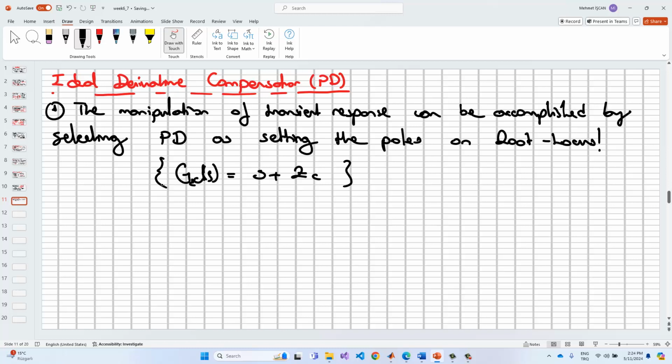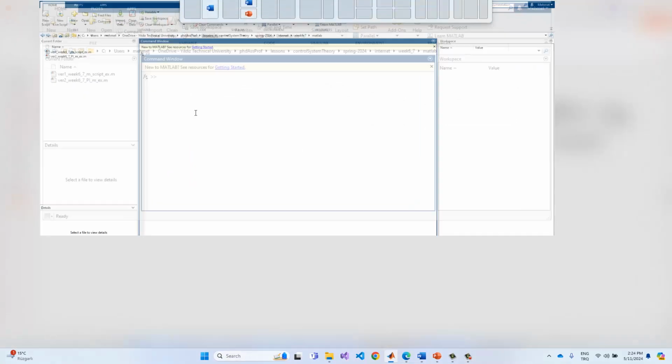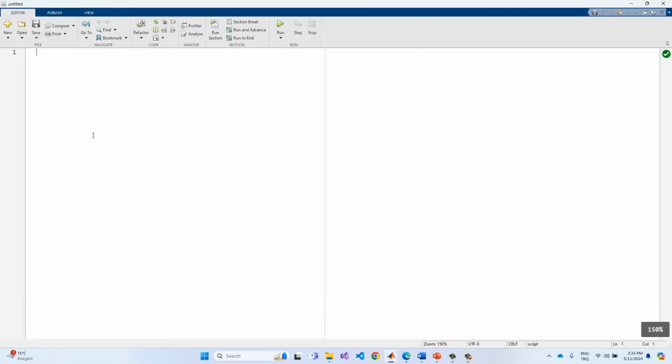But in order to understand the effect of this addition to your system, we need to build or solve our MATLAB code on the root locus techniques. Okay, so in order to do that, we need to create another script in here, just like this one.